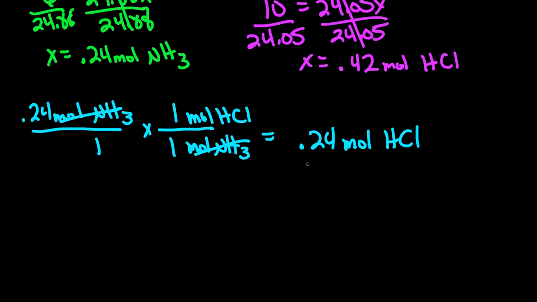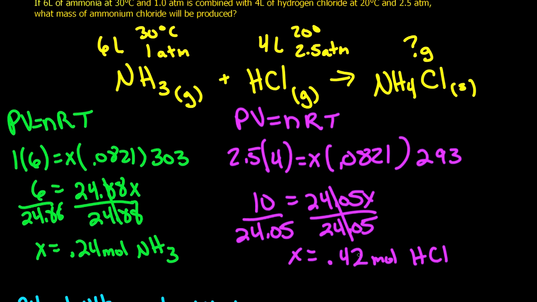I need 0.24 moles of HCl. I have 0.42 moles. Which value is larger? On the right is larger. That means it's excess. So that means ammonia is the limiting reactant. Hydrogen chloride is the excess reactant.